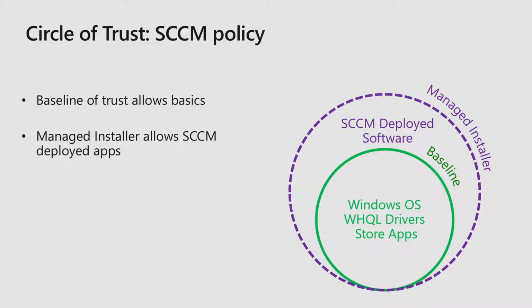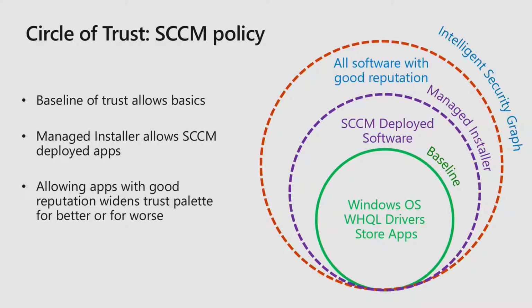And if you are deploying all of your applications consistently through your management solution, whether it's SCCM or a competitor of that, as long as you're deploying it through something that is configured as a managed installer on your clients, those applications should automatically be allowed by your policy. And then finally, SCCM also integrated with the ISG option. So you can achieve three rings: one of Windows plus things deployed through management, and then expanding that out to things that have known reputable software.